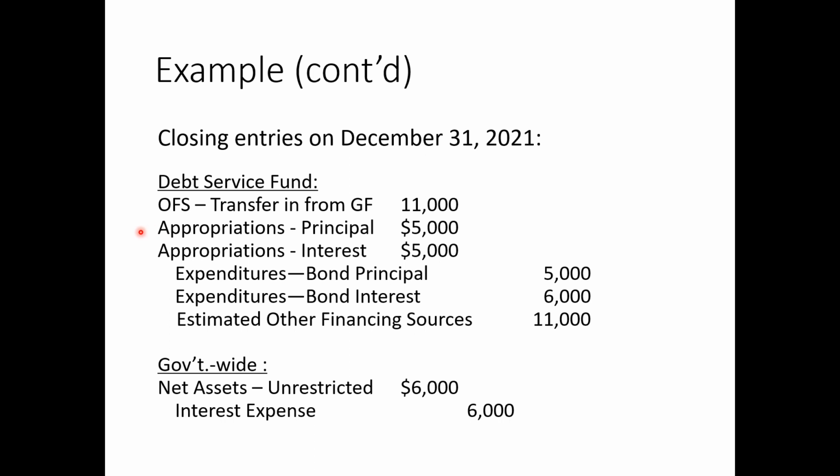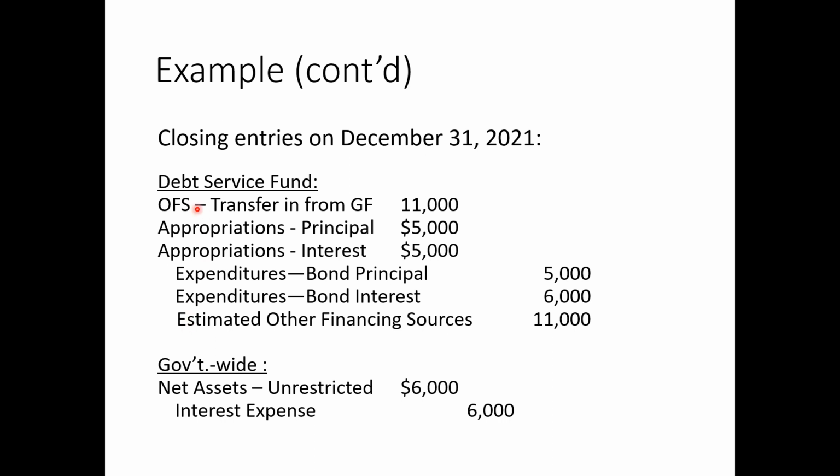Because we also have the budgetary entries, we combine these two together into one entry. So we debit appropriations principal, debit appropriations interest, and we credit estimated other financing source. We close these three items. By recording these three items, we close the budgetary entries.